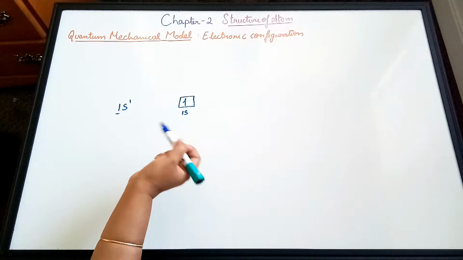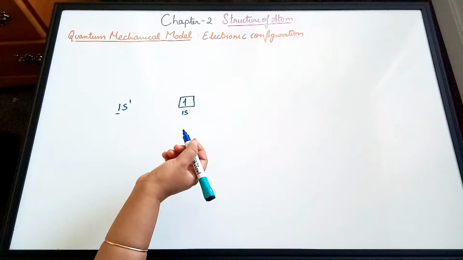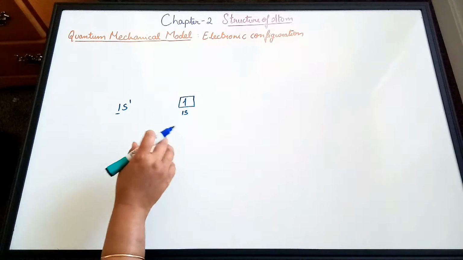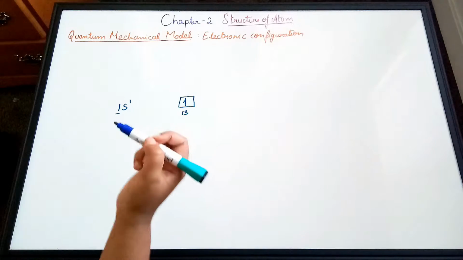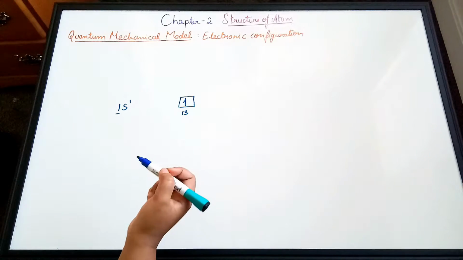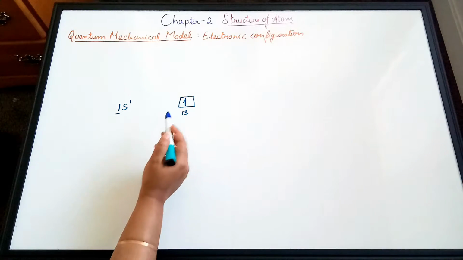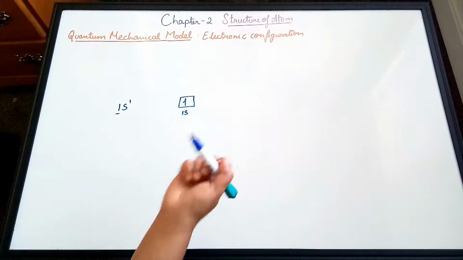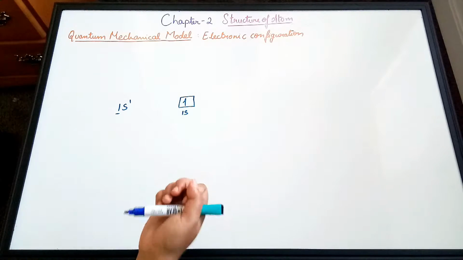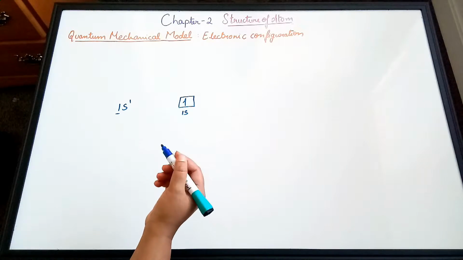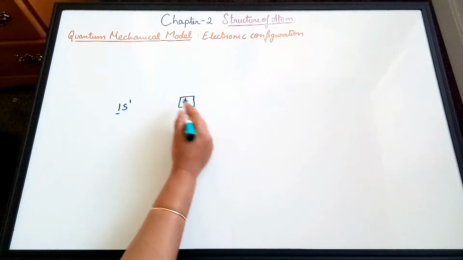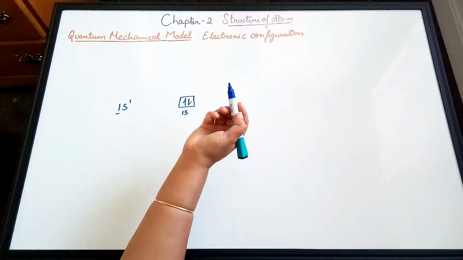Now, in case of the orbital diagram, the principal quantum number is written before the subshell and then you fill in the electrons respectively. For an electron to be represented, we use the upward arrow or the downward arrow. If you remember, when we talked about the magnetic spin quantum number, we said that each orbital can have either a plus or a minus spin.